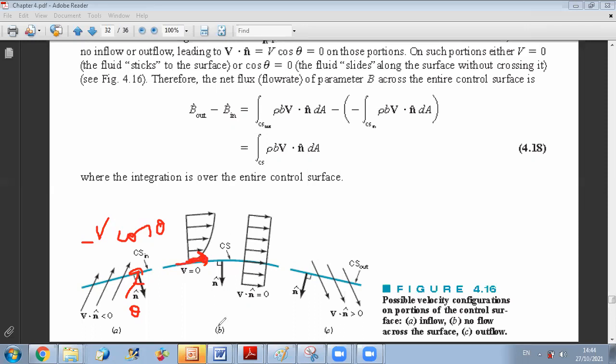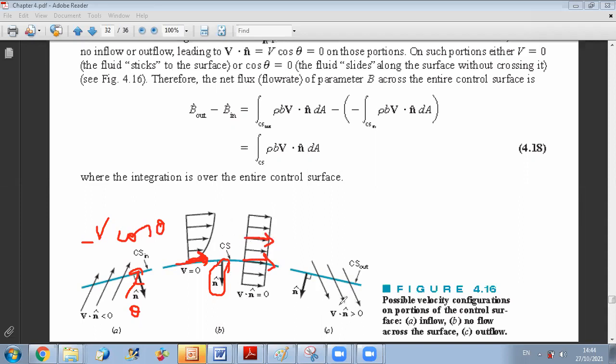To cross the surface, the velocity should have a component along the normal direction. Okay, so these types of flows will not lead to a crossing velocity. So v dot n in these cases will be 0.